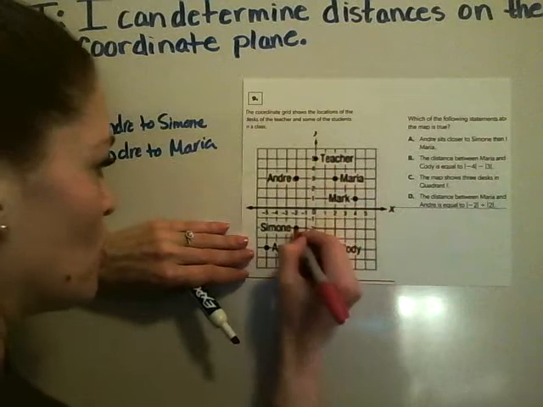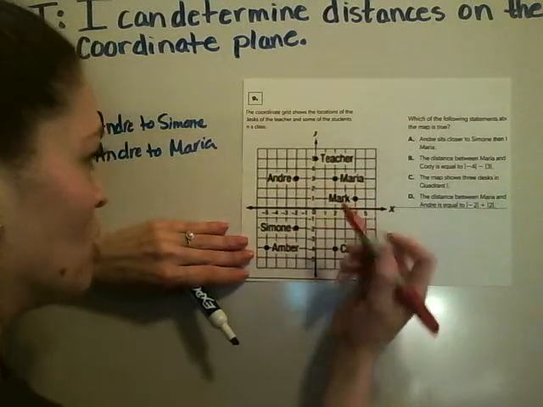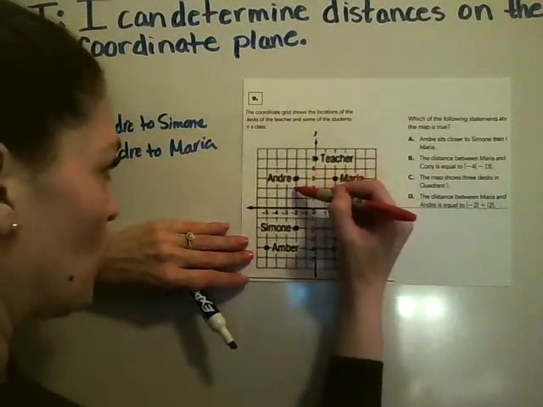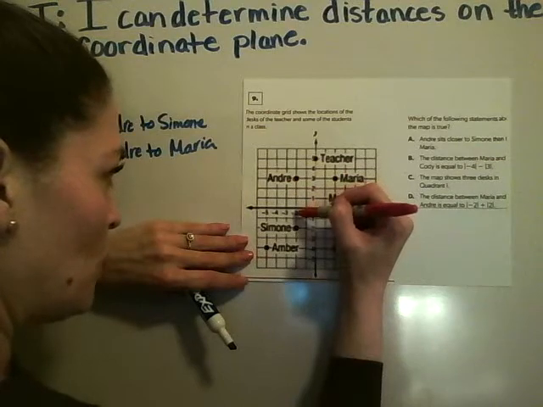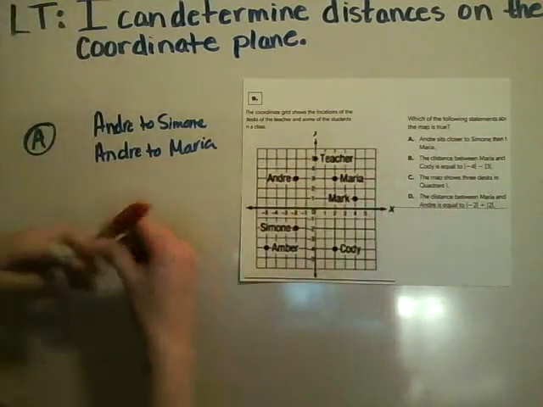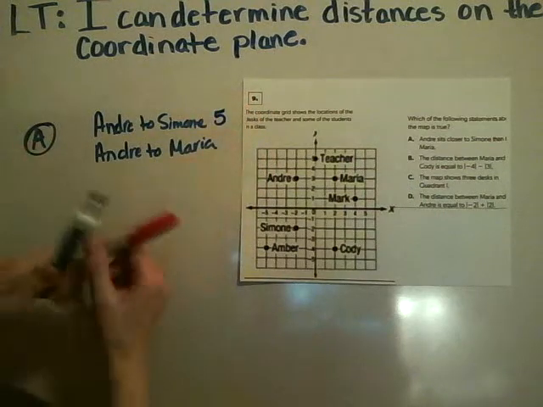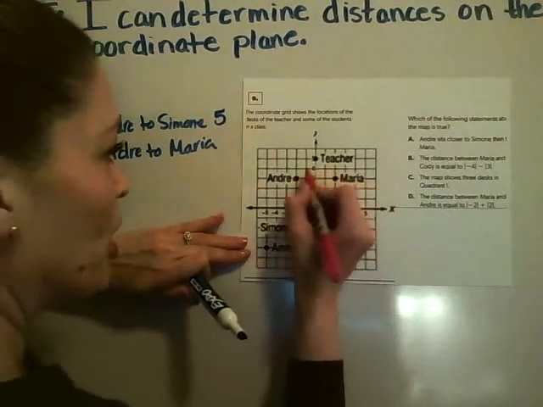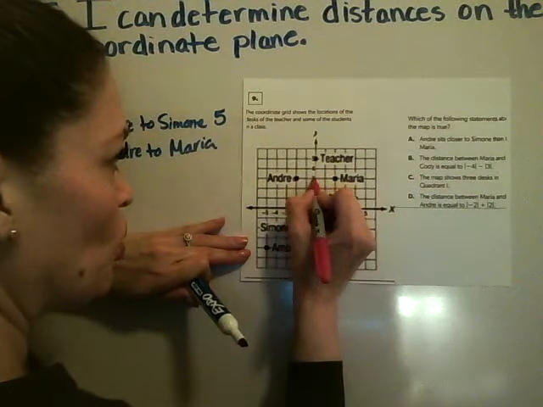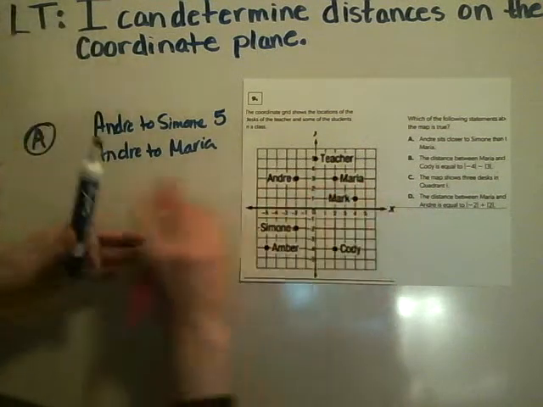Andre's here, Simone is here. So Andre to Simone, that's 1, 2, 3, 4, 5. Andre to Simone is 5 units away. Andre to Maria is 1, 2, 3, 4 units away.